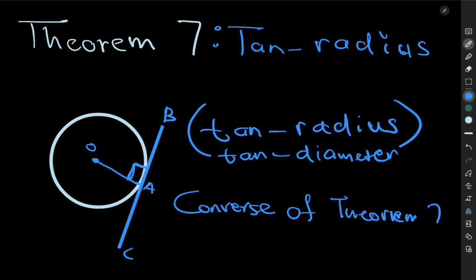So if we're not told that it is a tangent, we can assume that it is a tangent if they meet perpendicularly at that point.